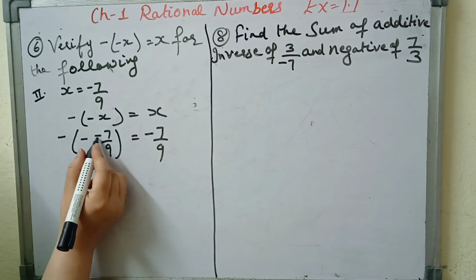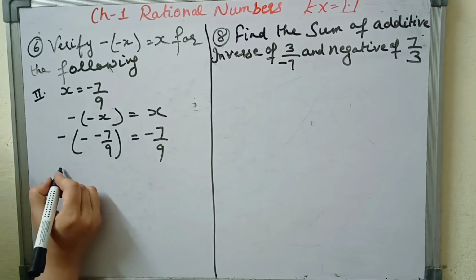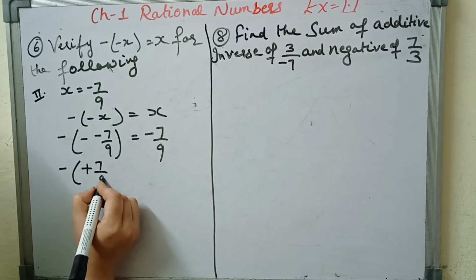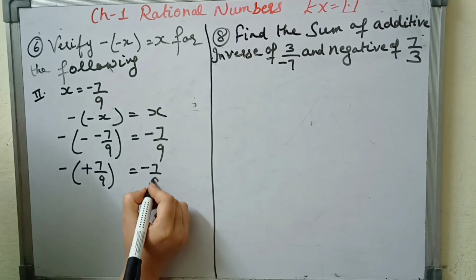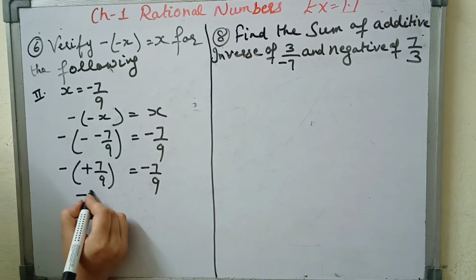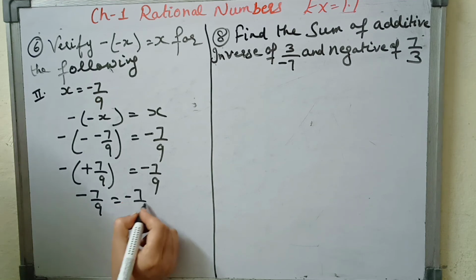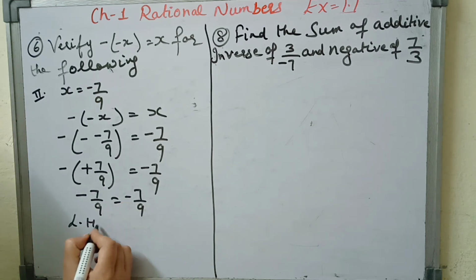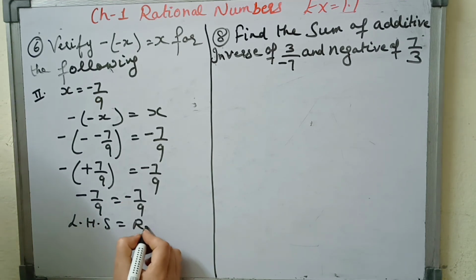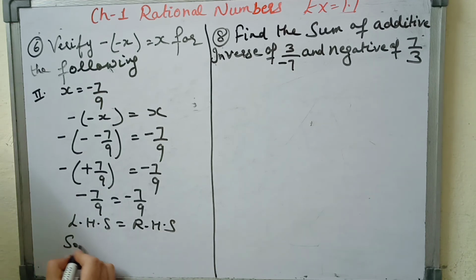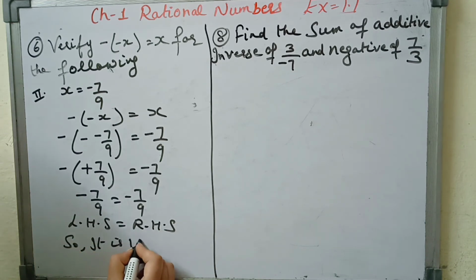Now in the bracket there are two negative signs, and you know minus minus is plus. This is plus 7 over 9. Minus plus is minus. So minus 7 over 9 equal to minus 7 over 9. Left hand side equal to right hand side. So it is verified.